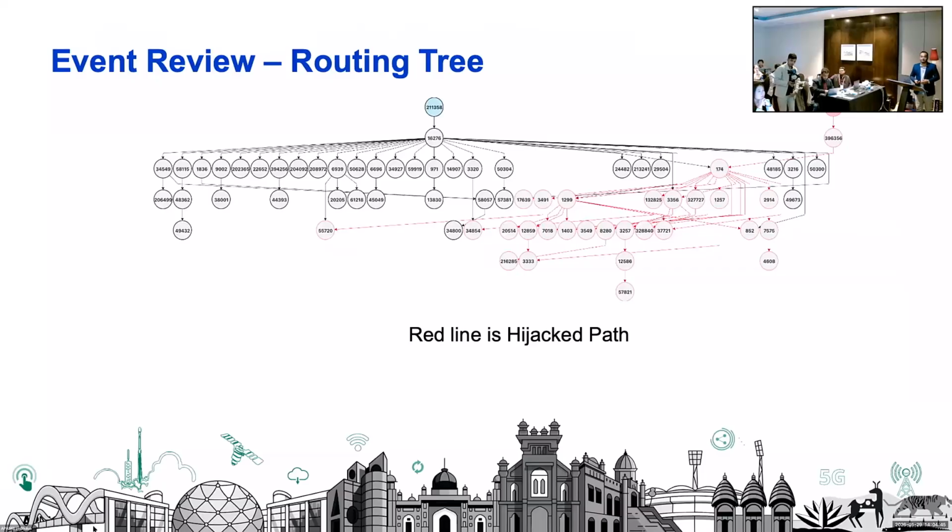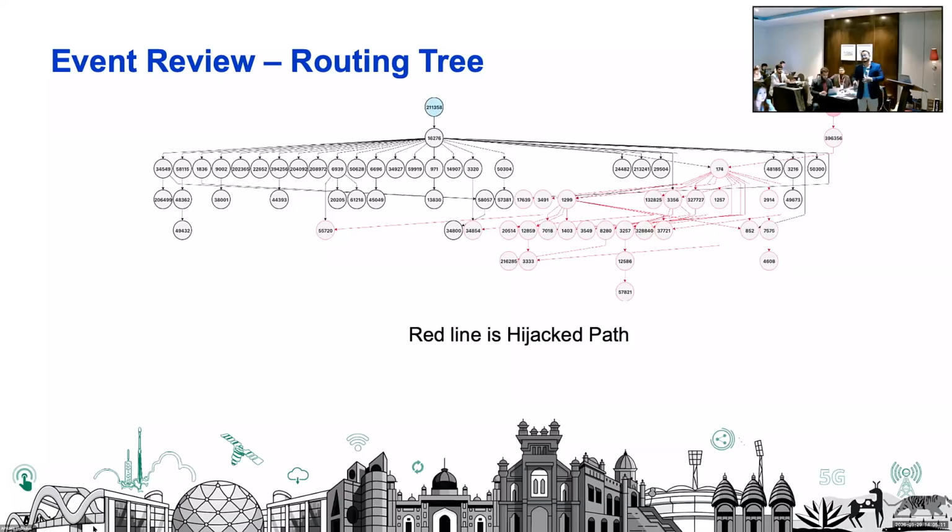So there is a routing tree. You will see it match the routing tree from before the event. This is your ASN, and before the event, this is your AS path from this tree.